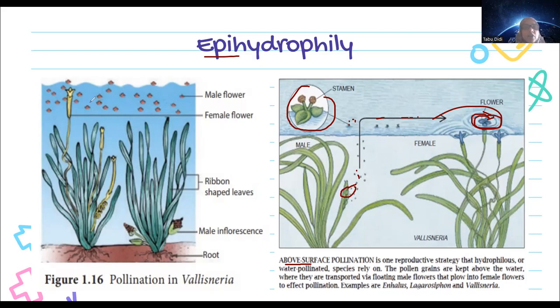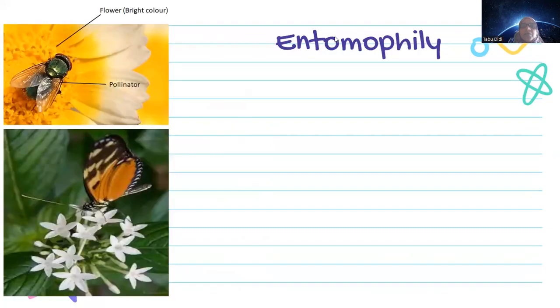You can see the female flower and the male flower over here, and these male flowers will produce the pollen grains which will go and stick onto the stigma. So this is happening at the water surface, above the water surface, or at the floating water surface, epihydrophily. Making sense?